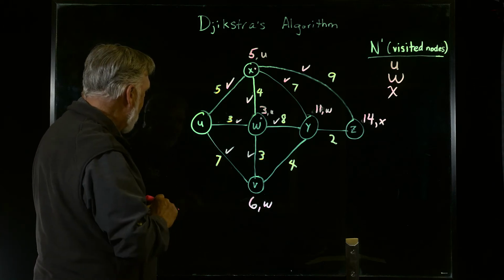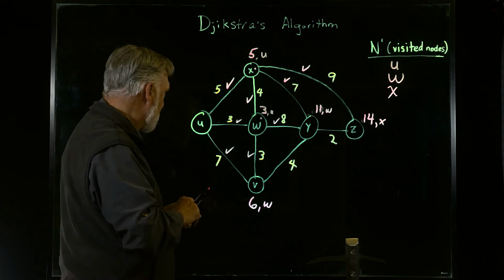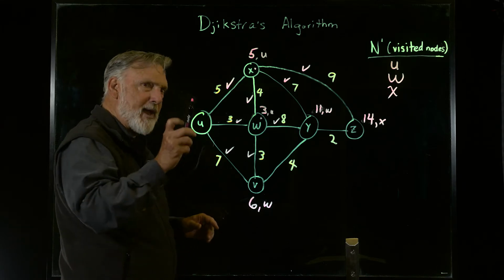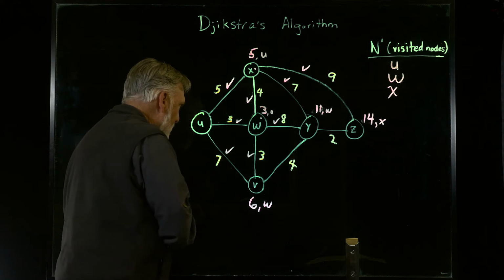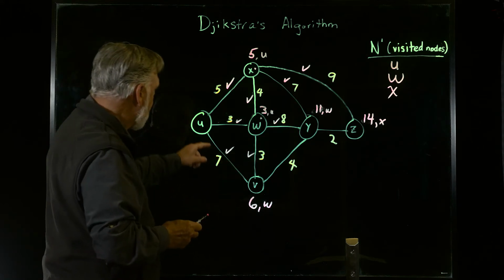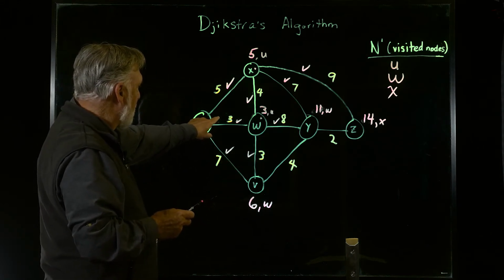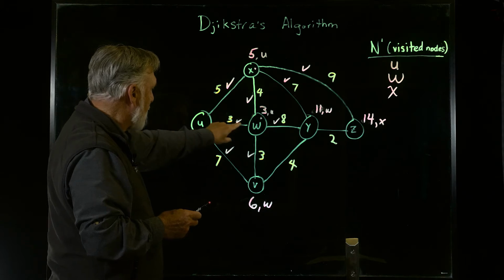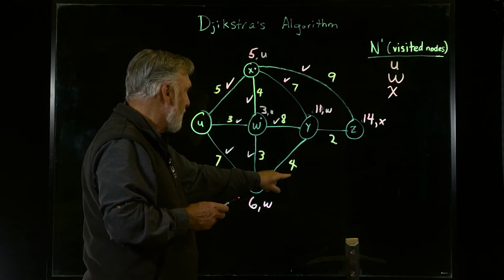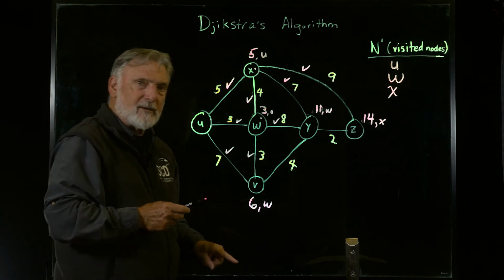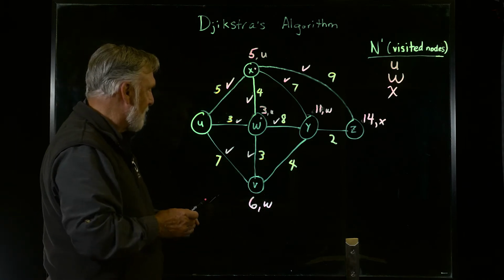Oh, wait a minute. We got a problem here. We haven't checked one thing. We haven't checked the path by going from U to W to V to Y. If we take a look here, U to W is 3, W to V is 3, and V to Y is 4. That's a total of 10.